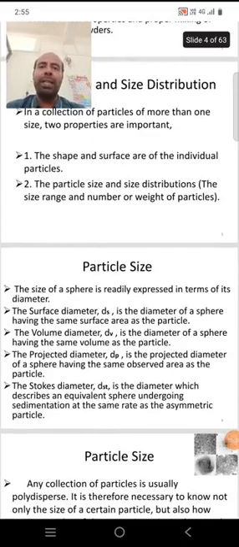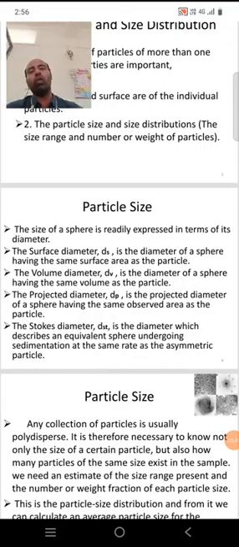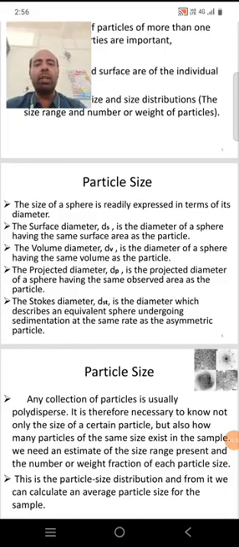What do you mean by particle size, and what are the measurement scales used in pharmaceutics? The size of a sphere is readily expressed in terms of its diameter. The surface diameter, denoted by ds, is the diameter of a sphere having the same surface area as the particle.